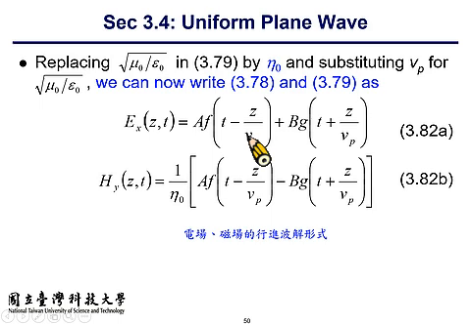So for this slide, both the E and H field are composed of AF and BG. This stands for the positive going component, and this stands for the negative going component.